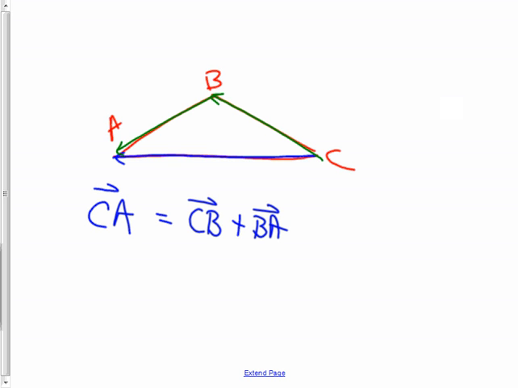If any of those letters had been reversed, it would not have been right. And I couldn't have said BC. Well, actually, let me think about this. Could I have said BC plus AB? Would that have worked?